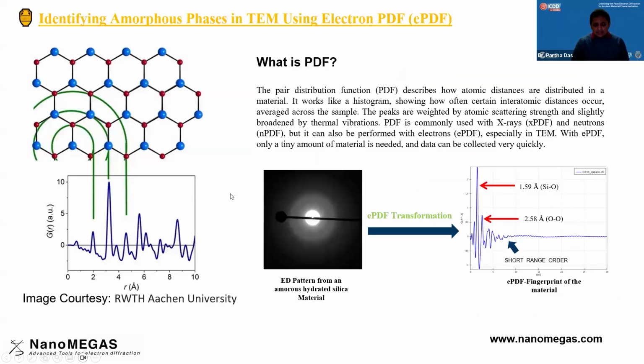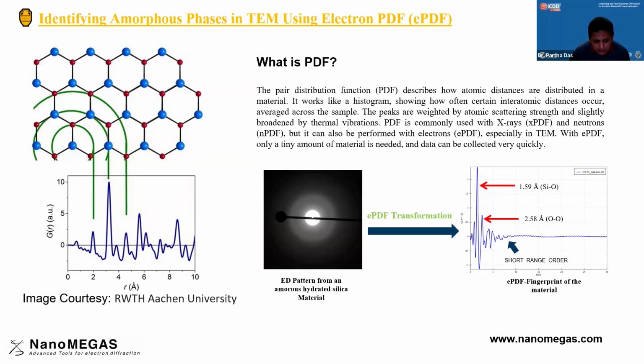The next sample we studied is also a glass material, but we used a bit of a different technique. It's called pair distribution function, which is used to analyze glass materials.